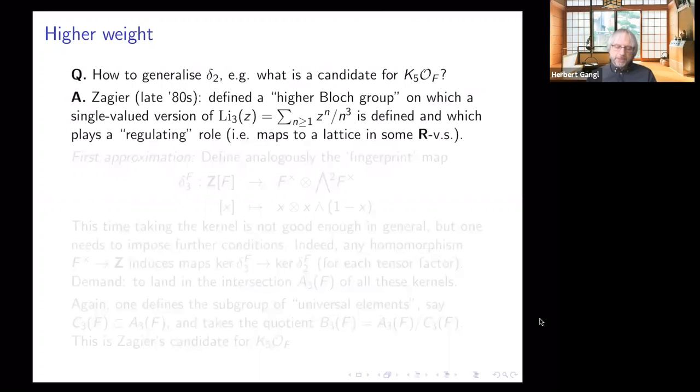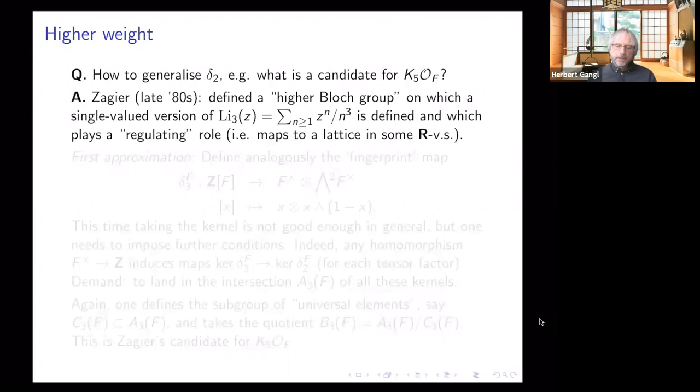Regulator for us means it maps to a lattice in some R vector space. So you have a group which you may have a hard time associating a volume to, but once you map it into a lattice, then it's obvious you take a fundamental mesh, and the volume of that fundamental mesh will be the co-volume of that lattice, and a very good measure for you.